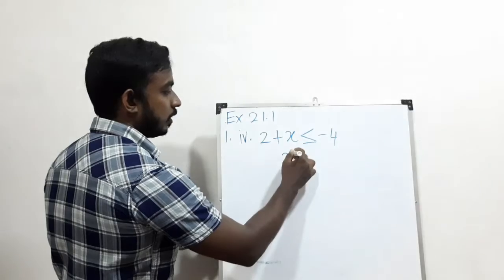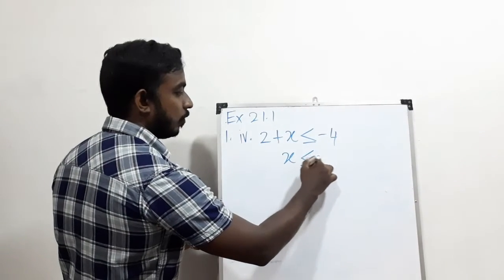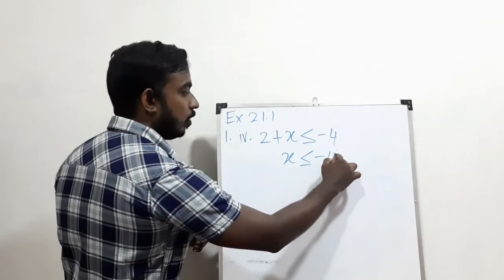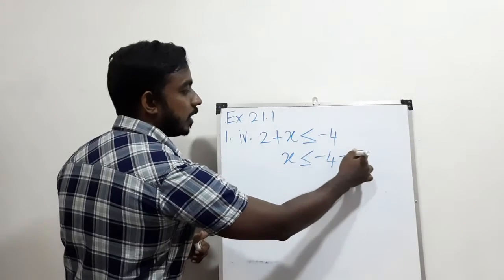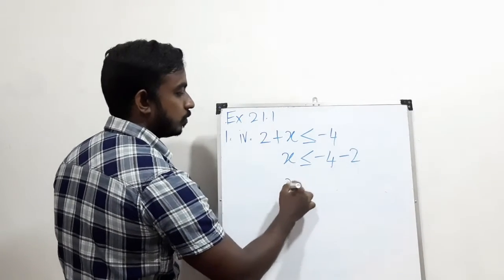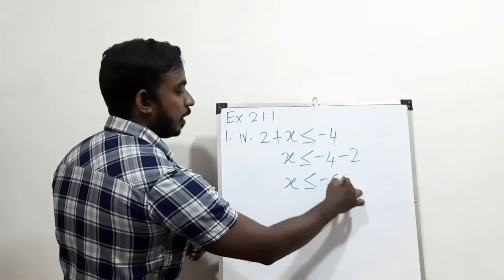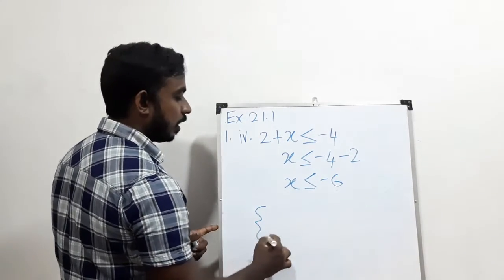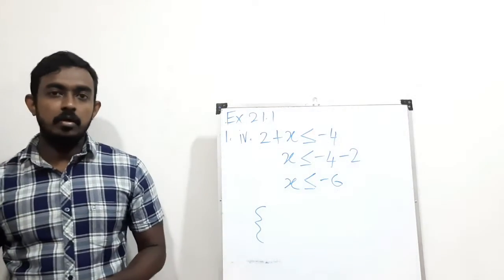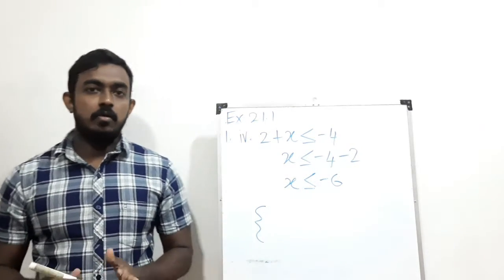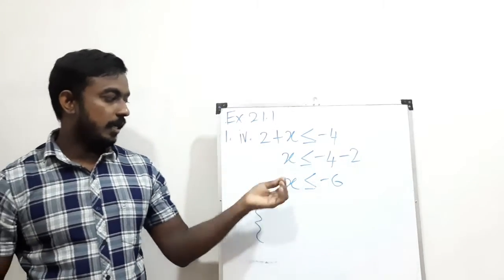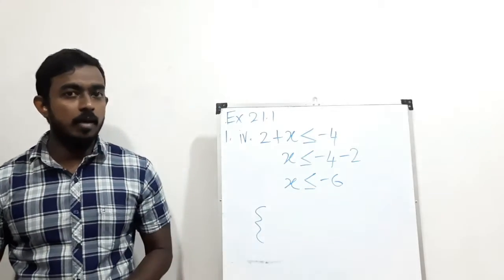So we can write it as x is less than or equal minus 4. When you send this 2 to the other side, it will be minus 2. So our answer will be x is less than or equal minus 6. Now we can write the set of integral solution like this. X is less than or equal minus 6.